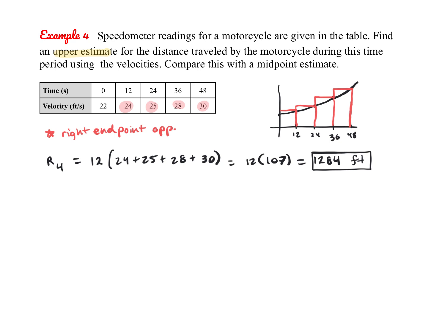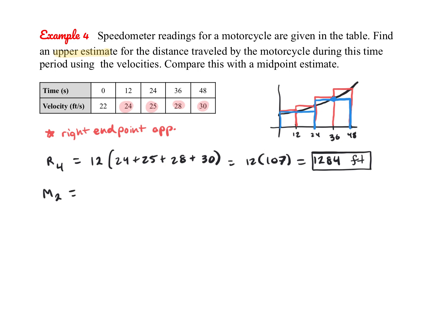So if we want to use the midpoint, we're actually just going to need to use 2 rectangles because we can do the midpoint. We know the midpoint between 0 and 24 because we have the value for 12. And we know the midpoint between 24 and 48 because we have the value for 36. So this is what our midpoint rectangles would look like in blue. Here we would only have 2 rectangles to work with.